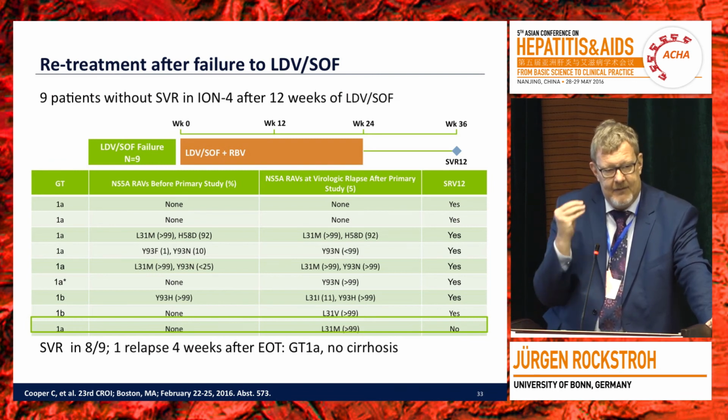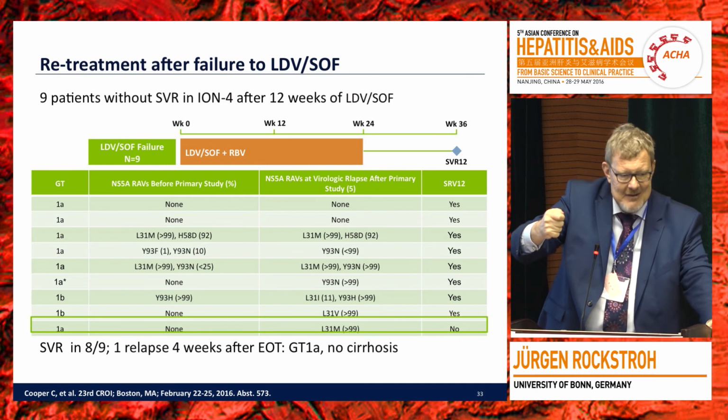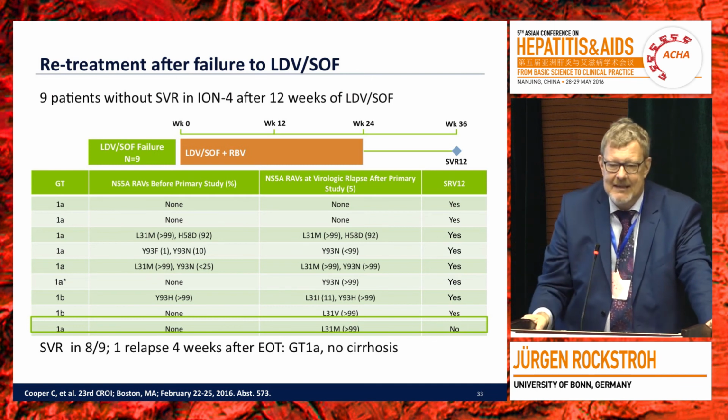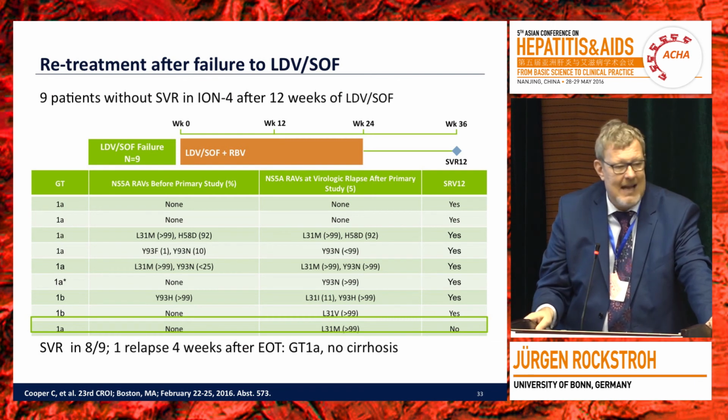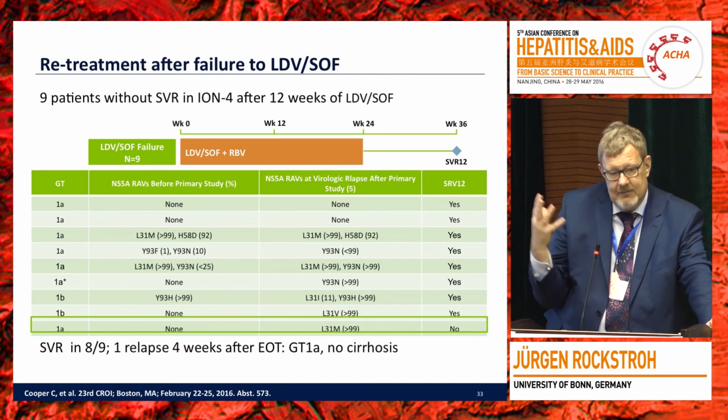And I think we have to appreciate that this is something we would never do in HIV. You fail a regimen, you would never treat with the same regimen, it would never work, right? So that tells you that something is very different here in hepatitis C, because 8 out of 9 patients actually responded, although many of them, or at least some of them, had mutations at baseline. So I think that tells you that the story is somewhat different.